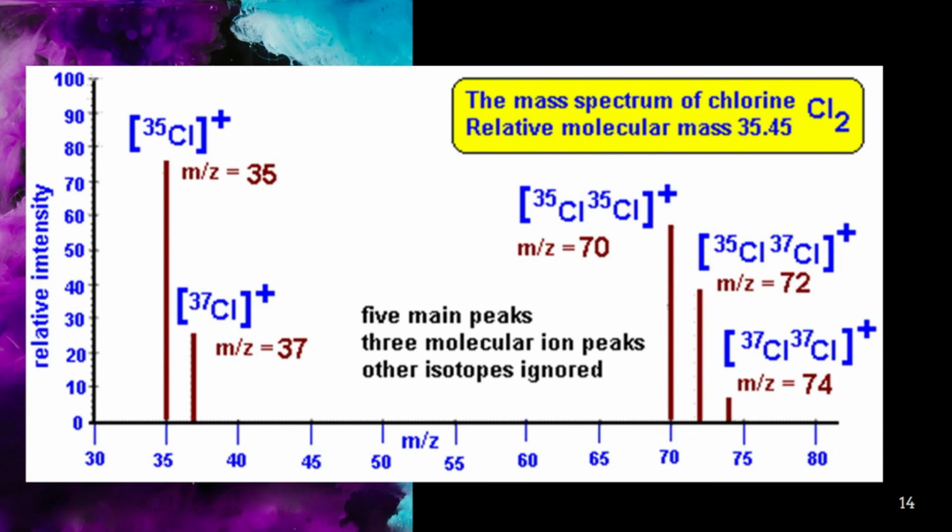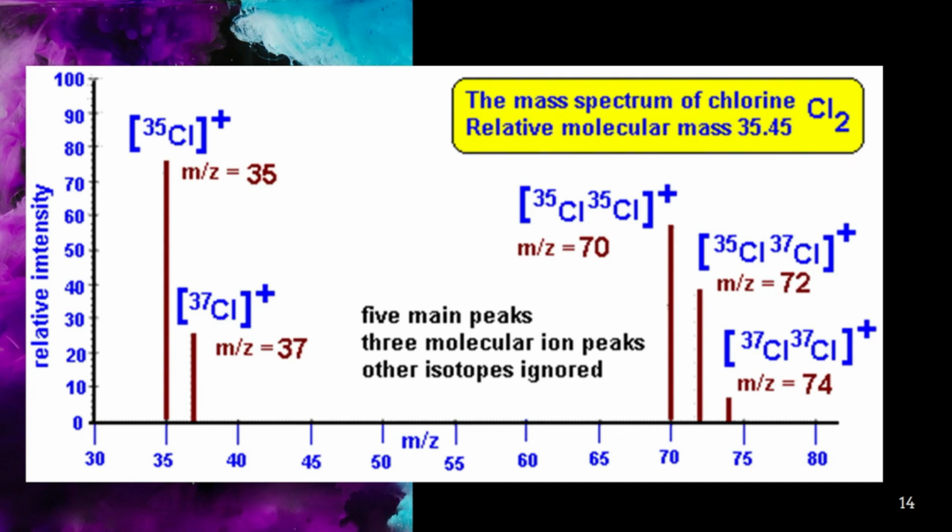The natural abundance, or the relative intensity, is the relative abundance which we have calculated. 35Cl will have the highest because it is closer to the relative atomic mass of chlorine, which is 35.45. Therefore the signal drawn at 35 will have the highest abundance.